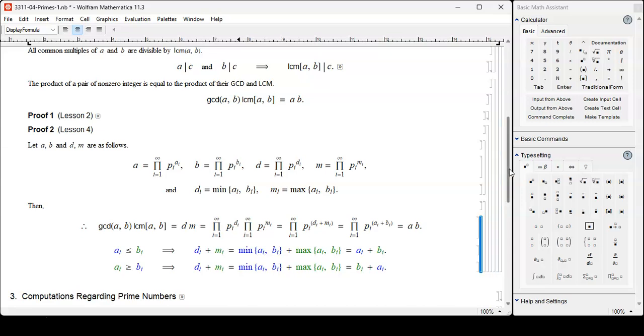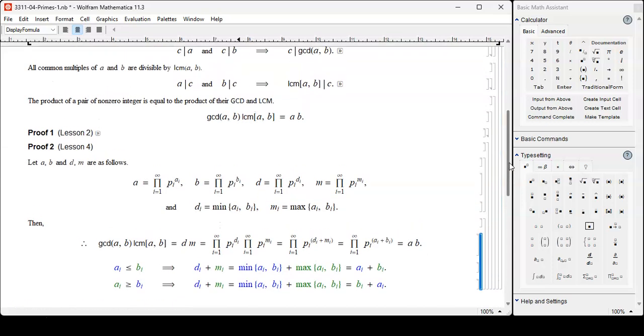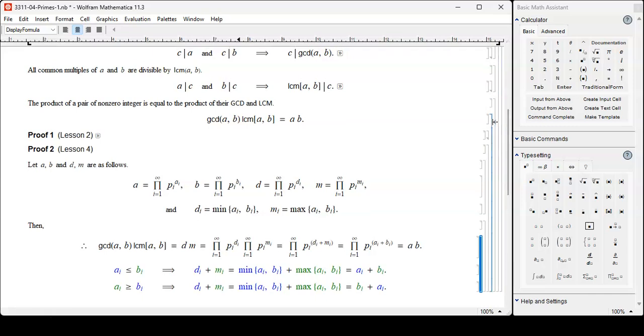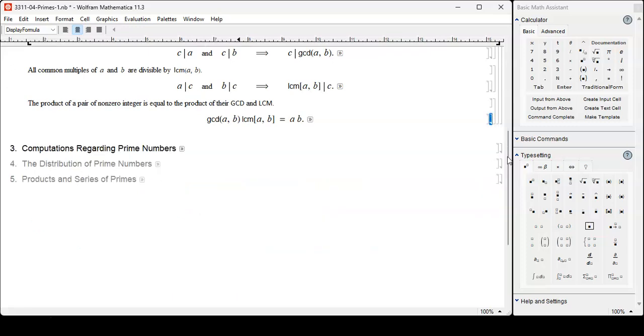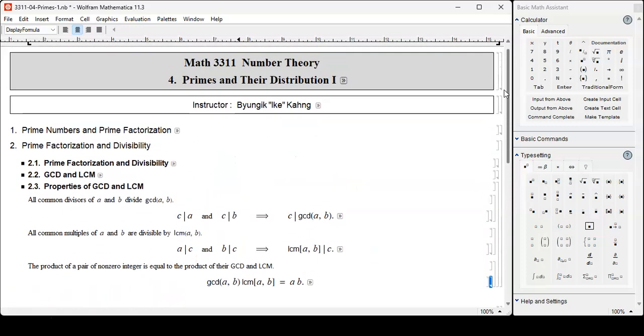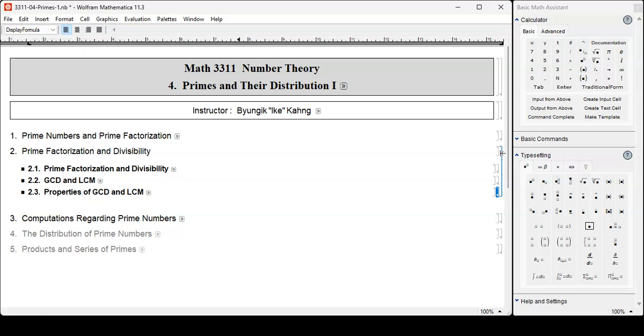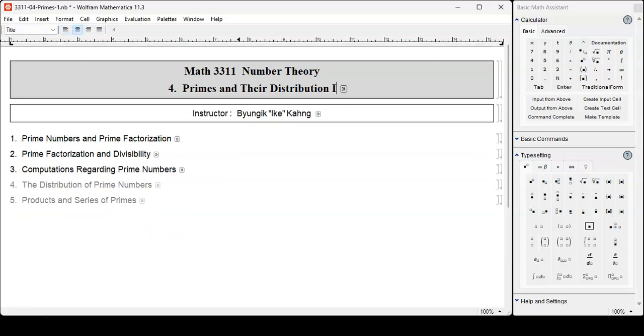See the color coding? Whatever is smaller, whatever is larger, if you add them up, we get the same sum back again. Therefore, the proof becomes really easy if you use the prime factorization and the fundamental theorem of arithmetic. That completes section 2.